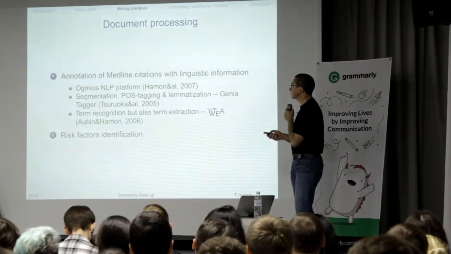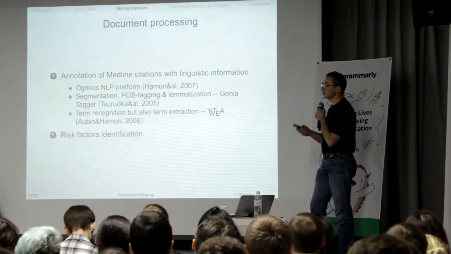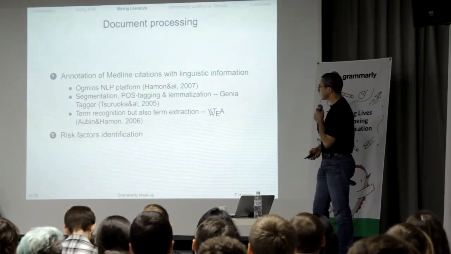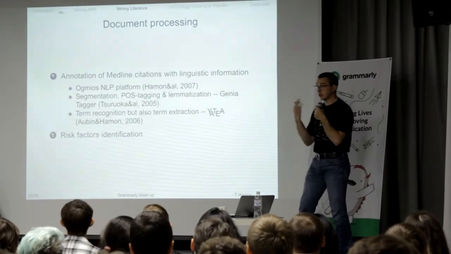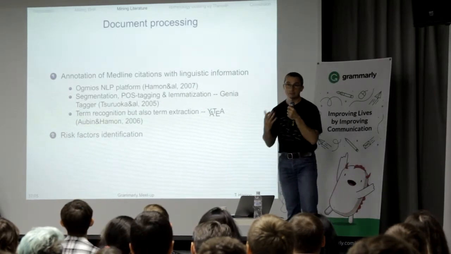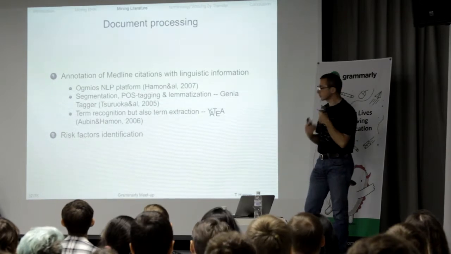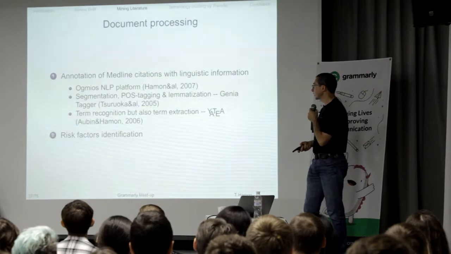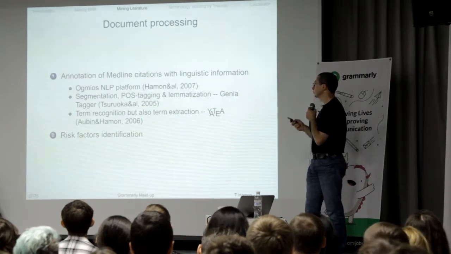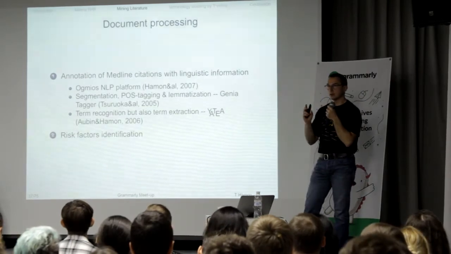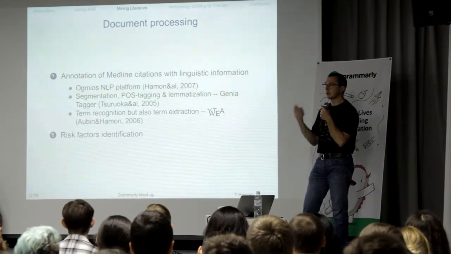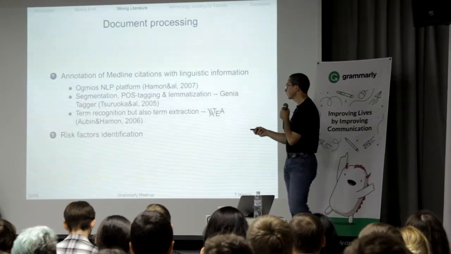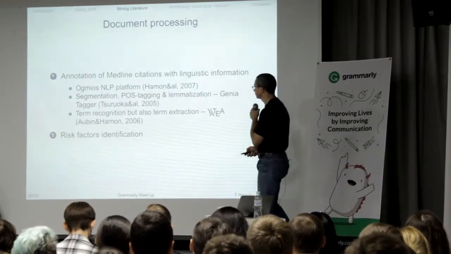We annotated the citations with linguistic information in the same way I previously presented. And also, since we don't have a terminology for risk factors, this is our purpose in fact, we use a term extractor to identify terms which can be referenced to risk factors. And then we identify the risk factors.